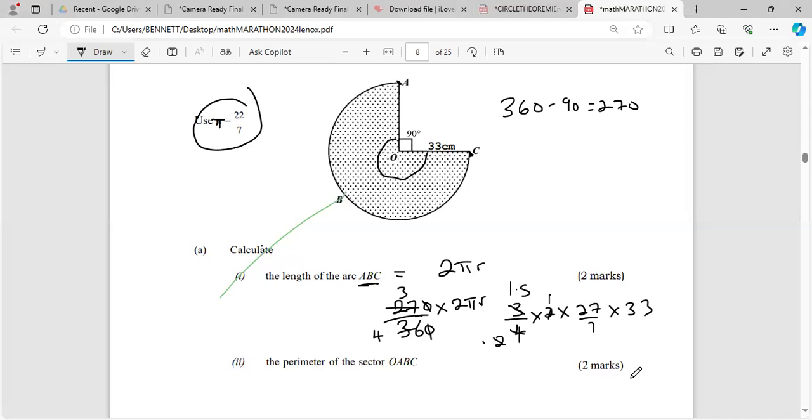So I got 1,336.5. It's a very big number. 27 or 22, which one? Oh, 22. Let me get 27 this one. So 1,089, yeah.